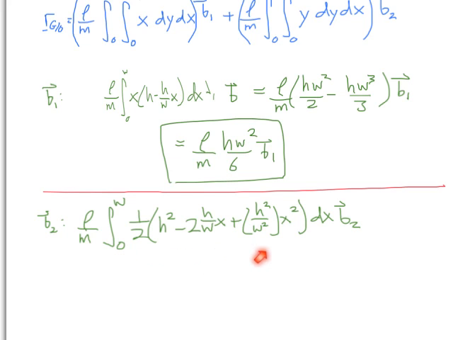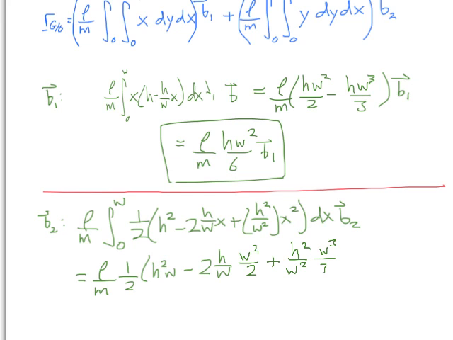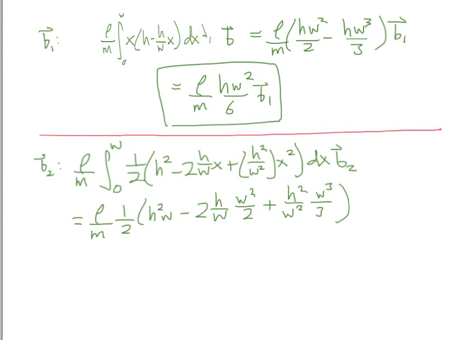So now we have one integral left to evaluate, and we get rho over m multiplied times 1/2, h squared w minus 2h over w multiplied times w squared over 2 plus h squared over w squared multiplied times w cubed over 3. We have lots of terms that cancel, and we collect our terms, and this is equal to rho over m h squared w over 6 in the b2 direction.